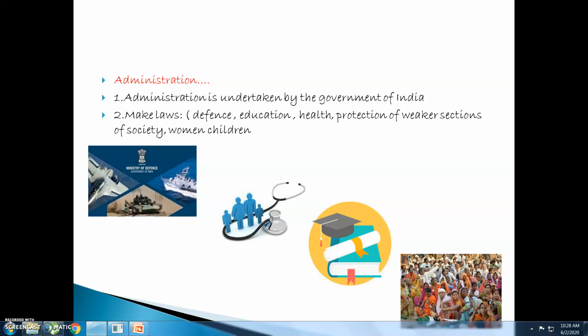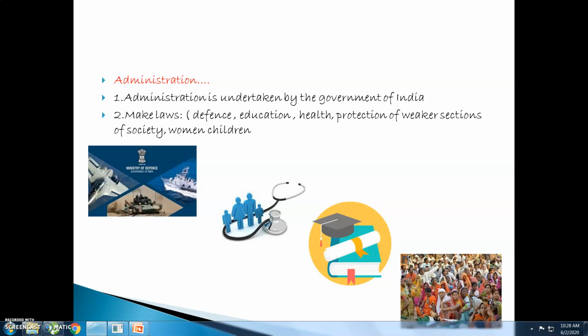Creating employment to give jobs lies in the responsibility of the government. Education, health, commerce, industries, protection of weaker sections. Weaker sections are all the people who are extremely weak in terms of money or physical health. For example, all Adivasis will be termed as weaker sections.